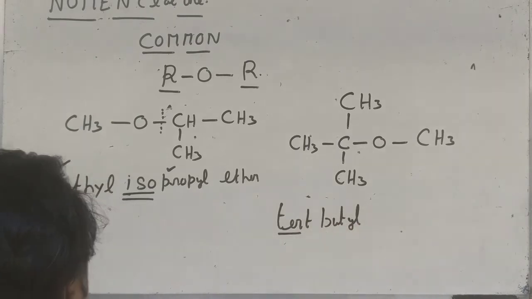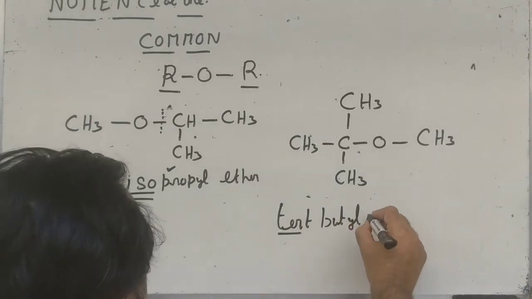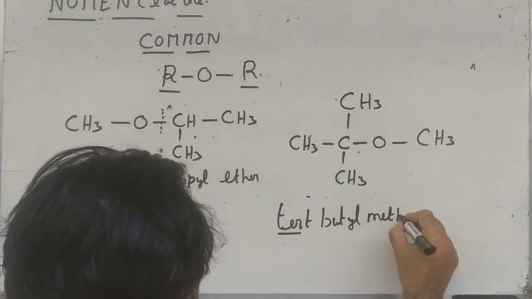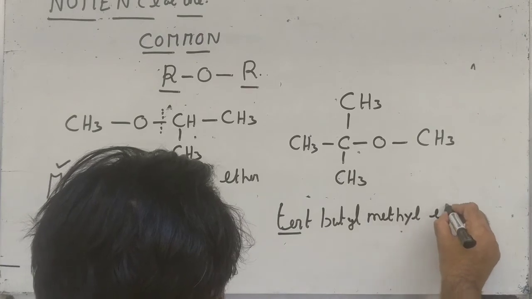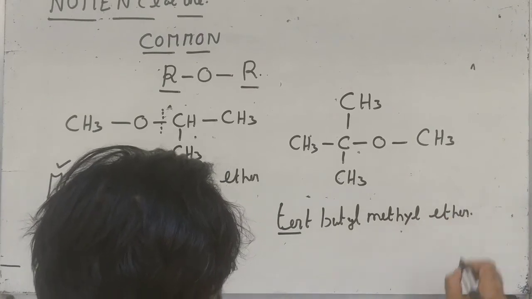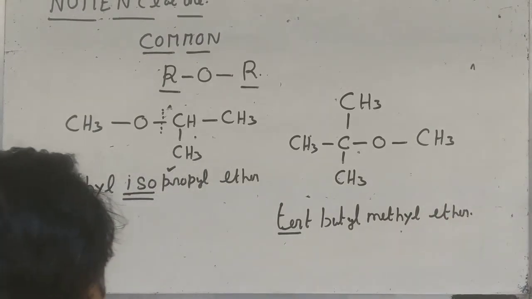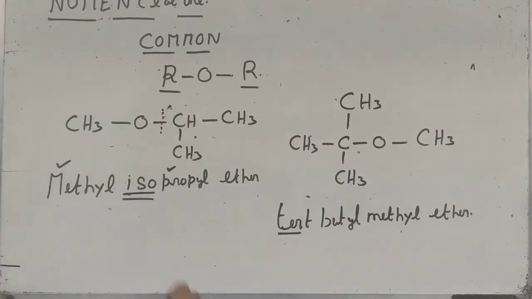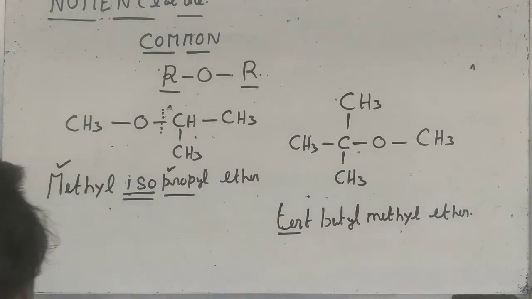Again, this is not considered for the alphabetical order. B for boy, butyl, and then methyl, tertiary butyl methyl ether. So when we decide alphabetical order, we don't consider this word iso, secondary, tertiary. We decide on the basis of the name of the group, like propyl, methyl, and so on.